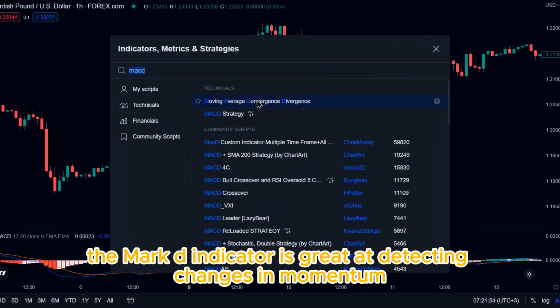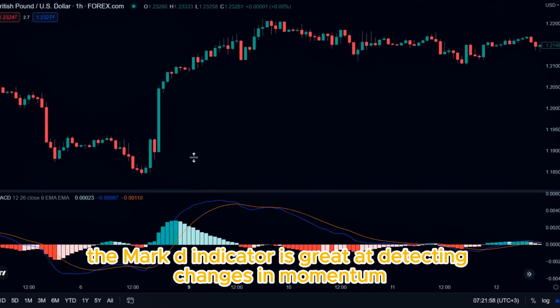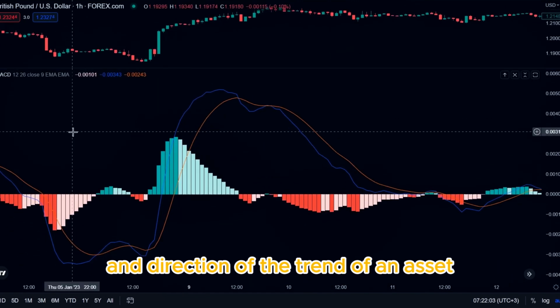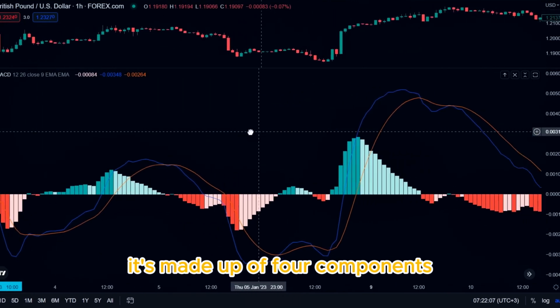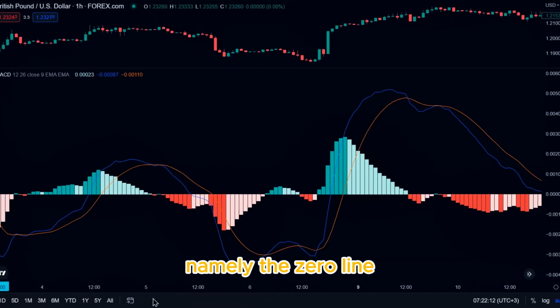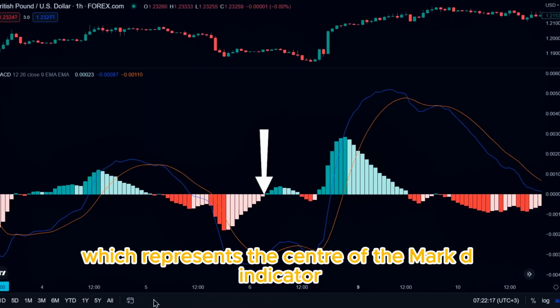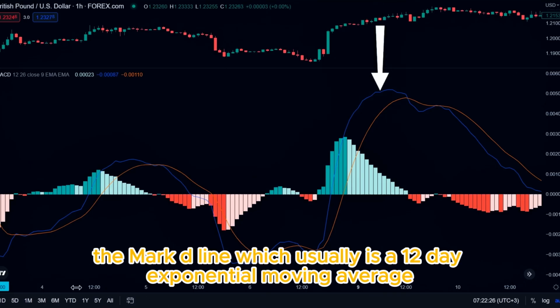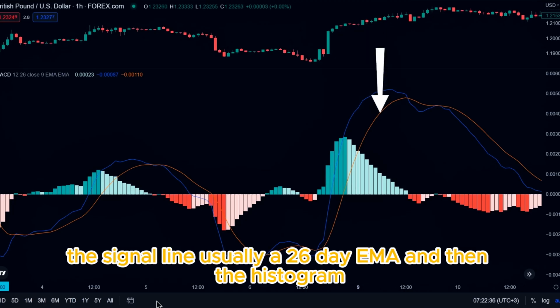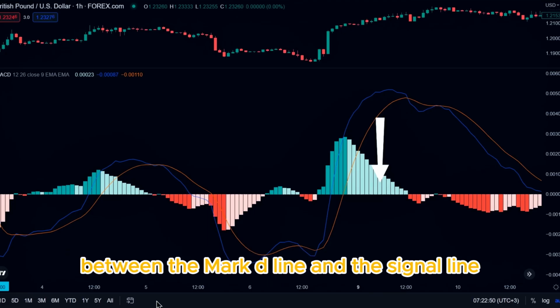The MACD indicator is great at detecting changes in momentum and direction of the trend of an asset. It's made up of 4 components, namely the zero line, which represents the center of the MACD indicator, the MACD line, which usually is a 12-day exponential moving average, the signal line, usually a 26-day EMA, and then the histogram, which is usually the difference between the MACD line and the signal line.